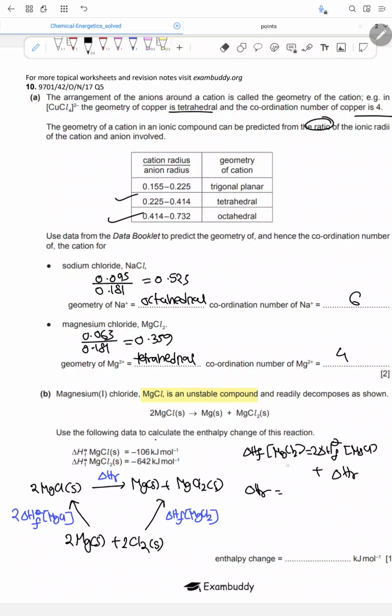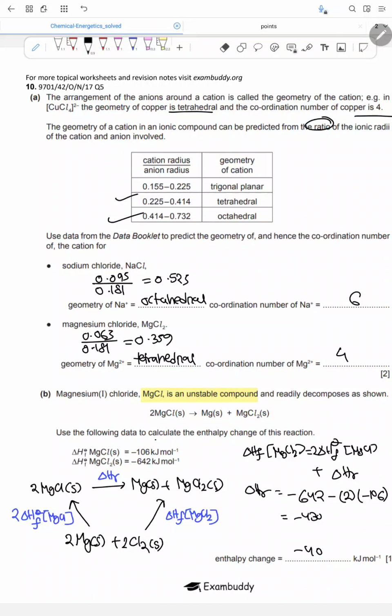So we have minus 642 for this one, then minus 2 times the formation, which is minus 106. This sums up as minus 642 minus 2 times minus 106, which is minus 430.